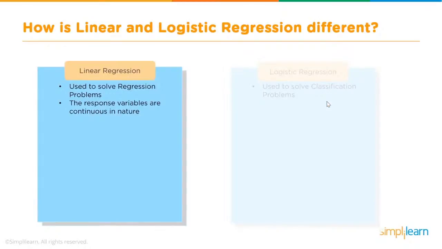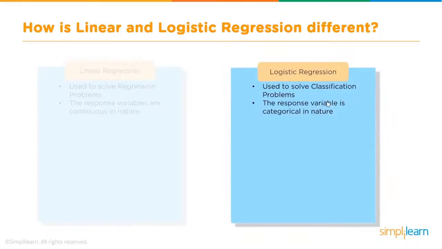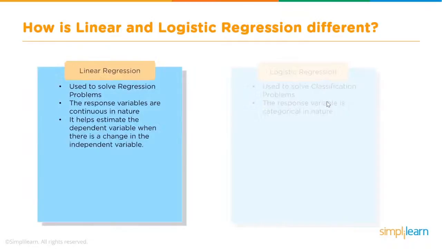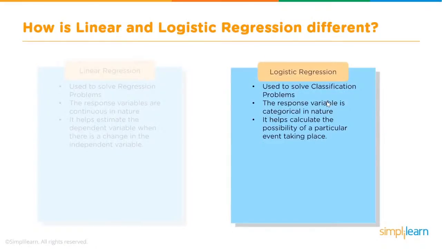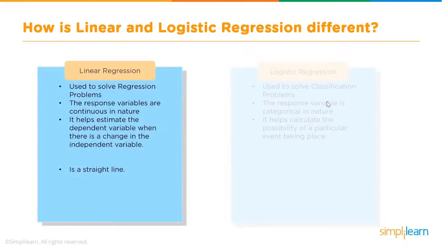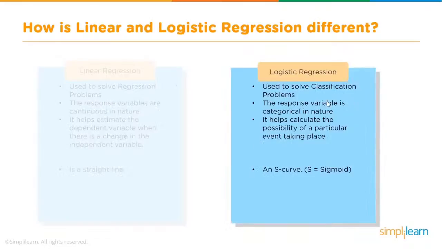The response variables in the case of linear regression are continuous in nature, whereas here they are categorical or discrete in nature. And linear regression helps to estimate the dependent variable when there is a change in the independent variable, whereas logistic regression helps to calculate the probability or the possibility of a particular event happening. And linear regression, as the name suggests, is a straight line. That's why it's called linear regression, whereas logistic regression is a sigmoid function, and the shape of the curve is S.